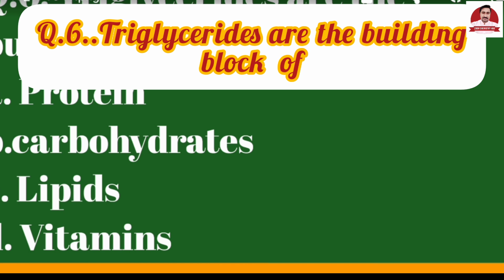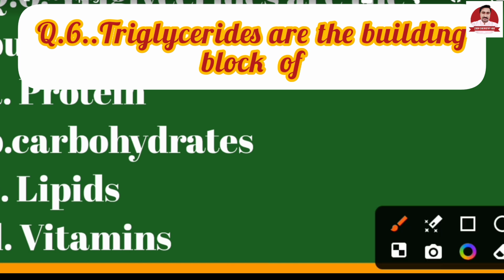So the triglyceride is the combination of 1 molecule of glycerol and 3 molecules of fatty acids. They form the triglyceride molecule. So triglyceride molecules are the building blocks of lipids. So option C is correct.